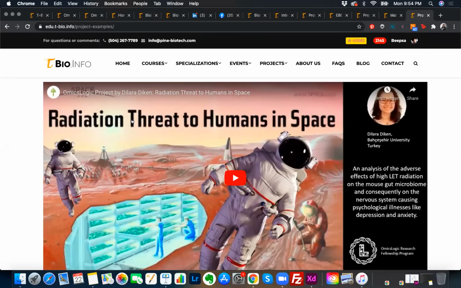They can only propose the projects once they go through this entire process of training, learning, going through the different example projects, and then understanding, okay, once I've learned from here, what are the different opportunities to explore this in a different research question. That is exactly what the research fellowship is about. So you can choose any of these topics.